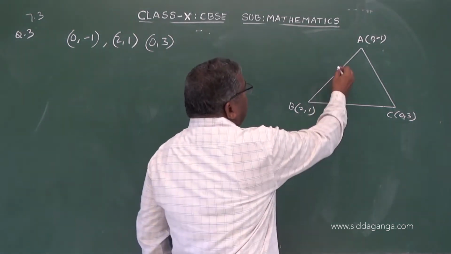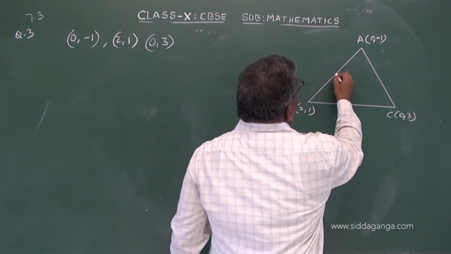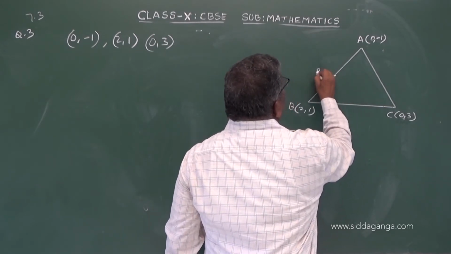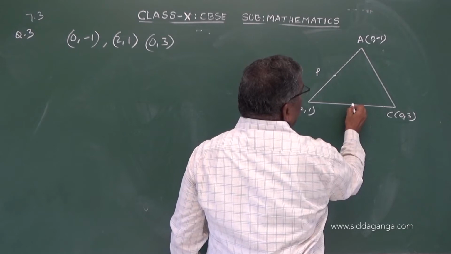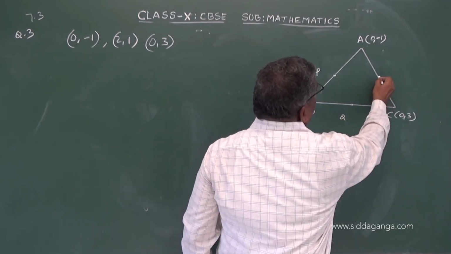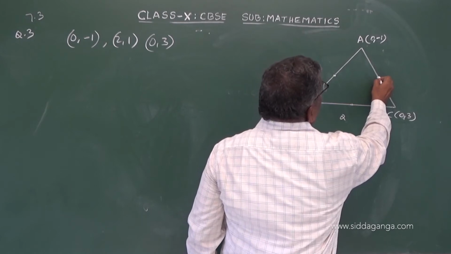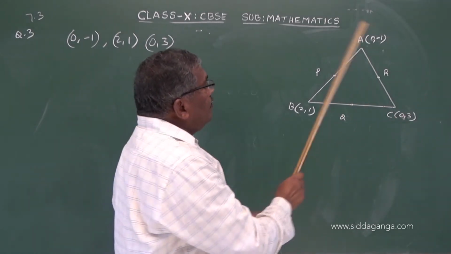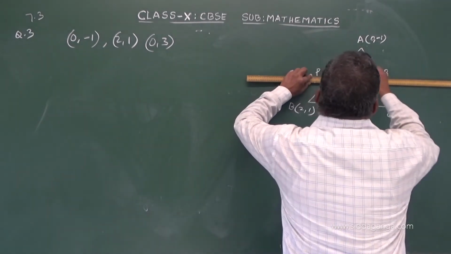Suppose this is the midpoint, say AB midpoint is P, and BC midpoint is Q, and midpoint of AC is R. So now we have to join all these 3 points.